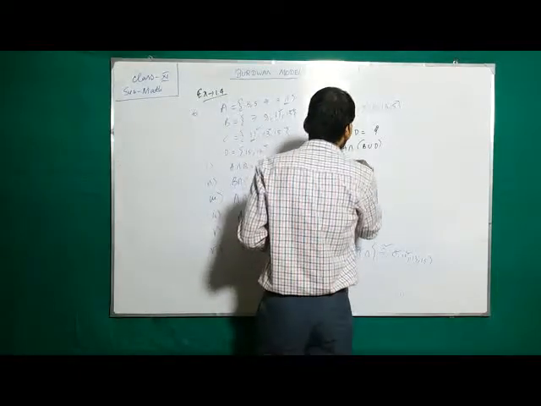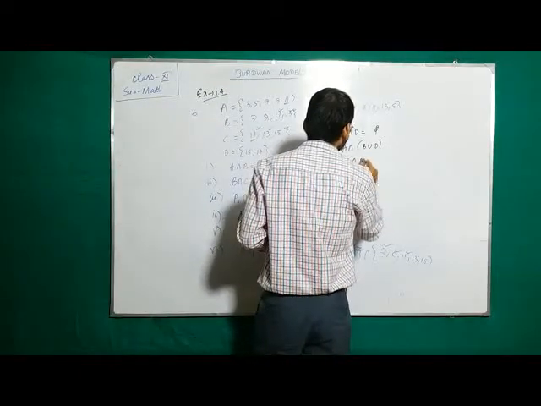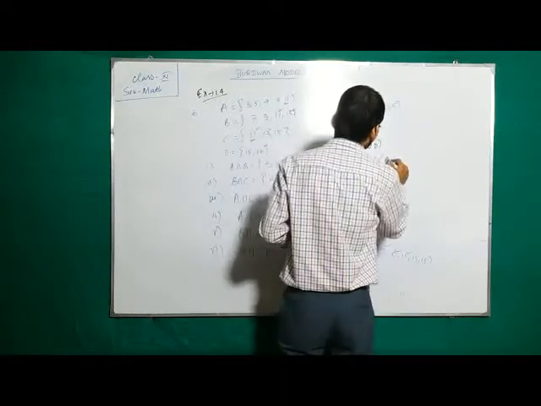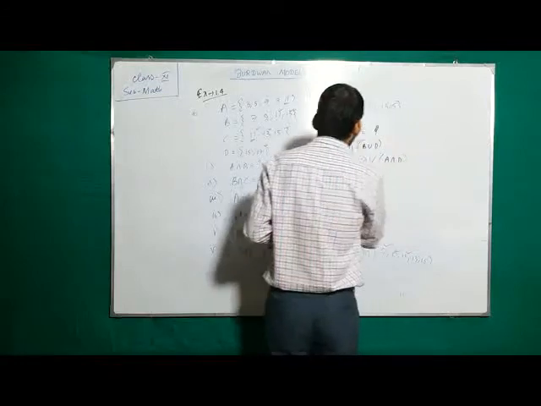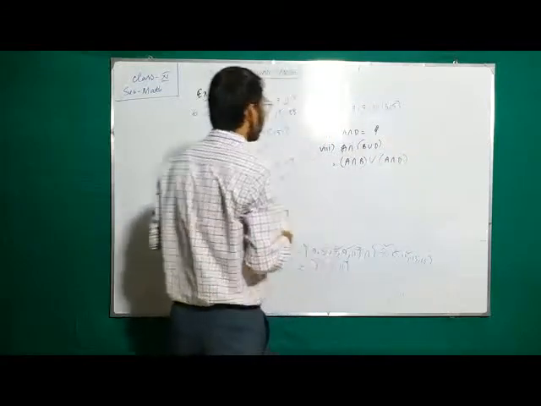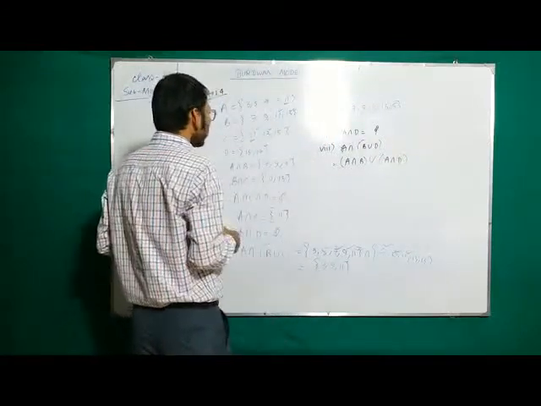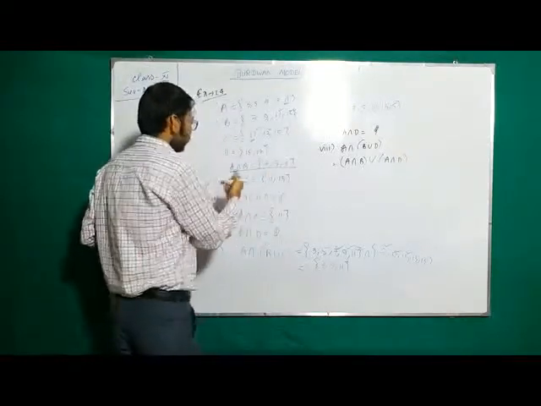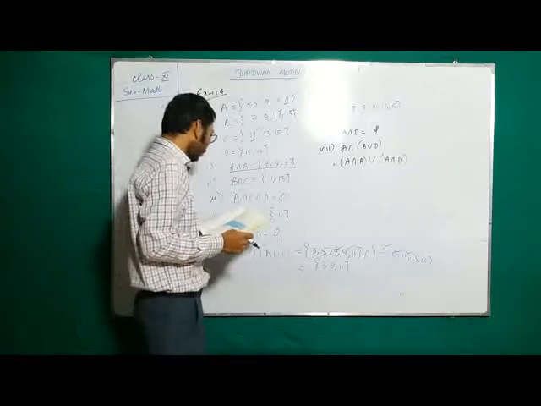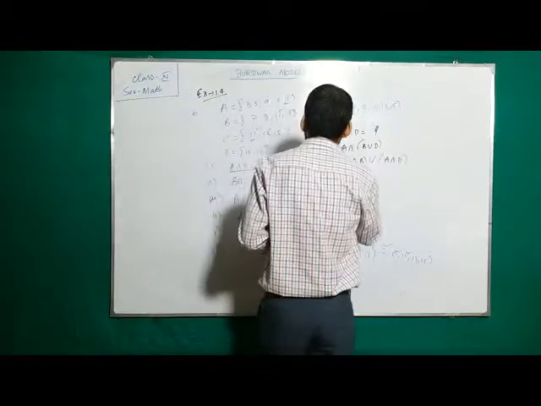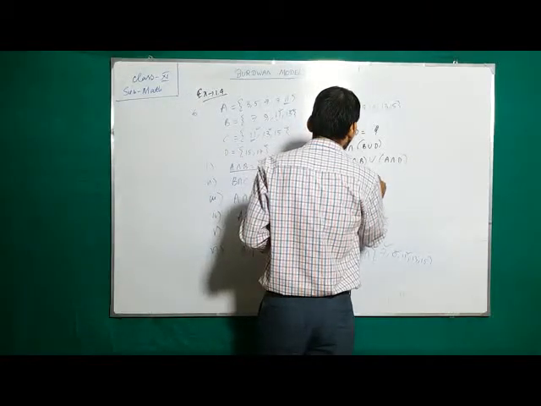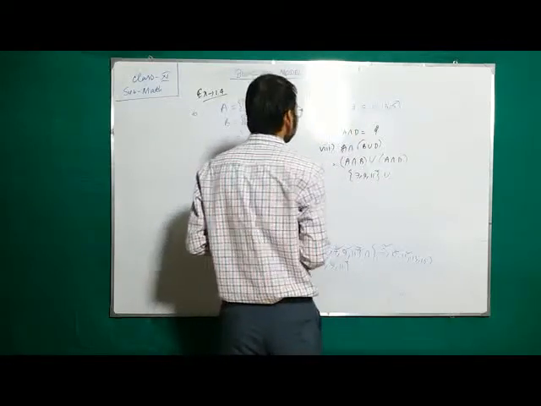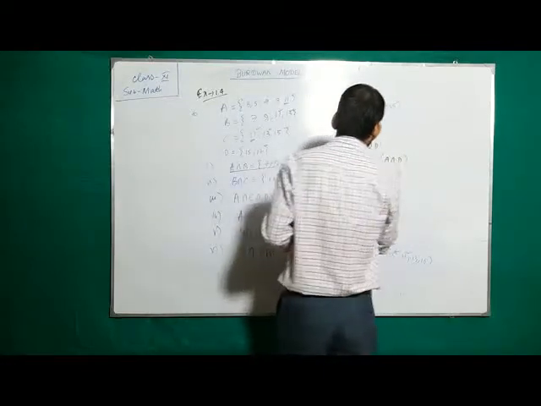By the distributive property, it gives A intersection B union A intersection D. From question number 1, A intersection B is 7, 9 and 11, union A intersection D, which gives the null set φ.